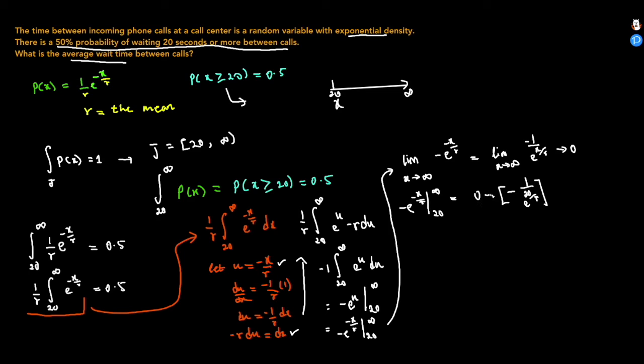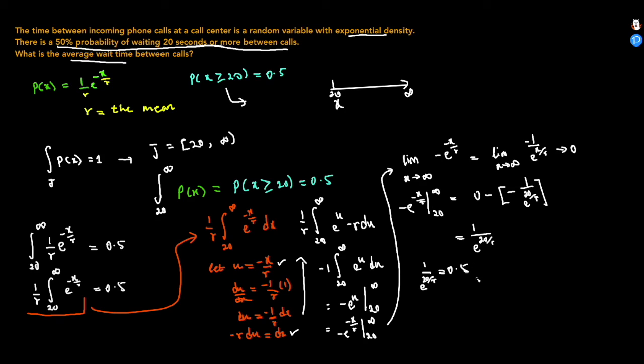Okay, so these two minus signs cancel out, and we get 1 over e to the 20 over r. We know that this whole integral is equal to 0.5, so we have that 1 over e to the 20 over r equals 0.5.